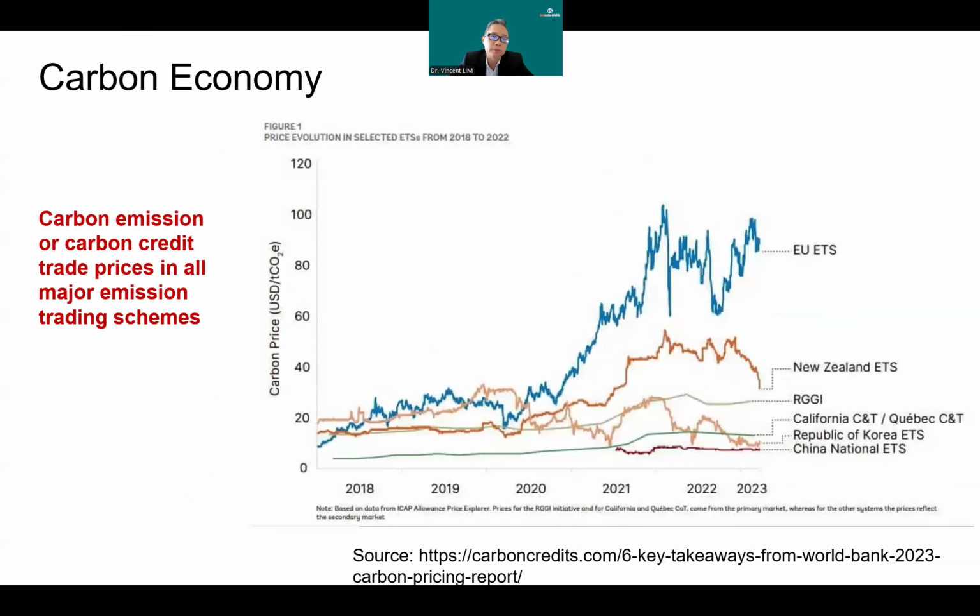So in the carbon economy, different countries have different ways of calculating carbon, and therefore the prices are also different. You can see from here, EU ETS is about 80. It varies from 74 euro to about 84 euro. Sometimes when it is the end of the year, it gets higher because of the needs during the year. But China national ETS, for example, is pretty low in terms of price.